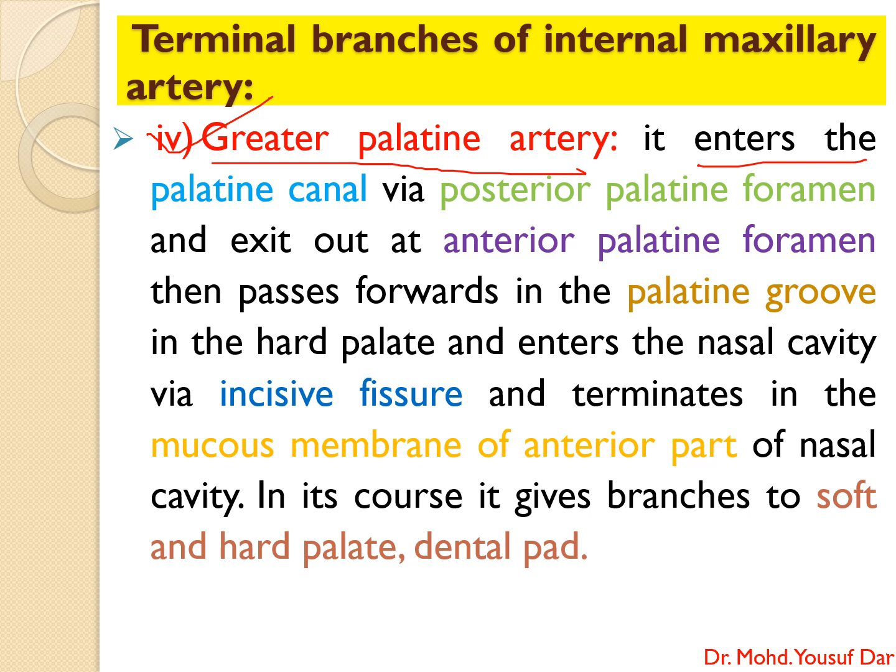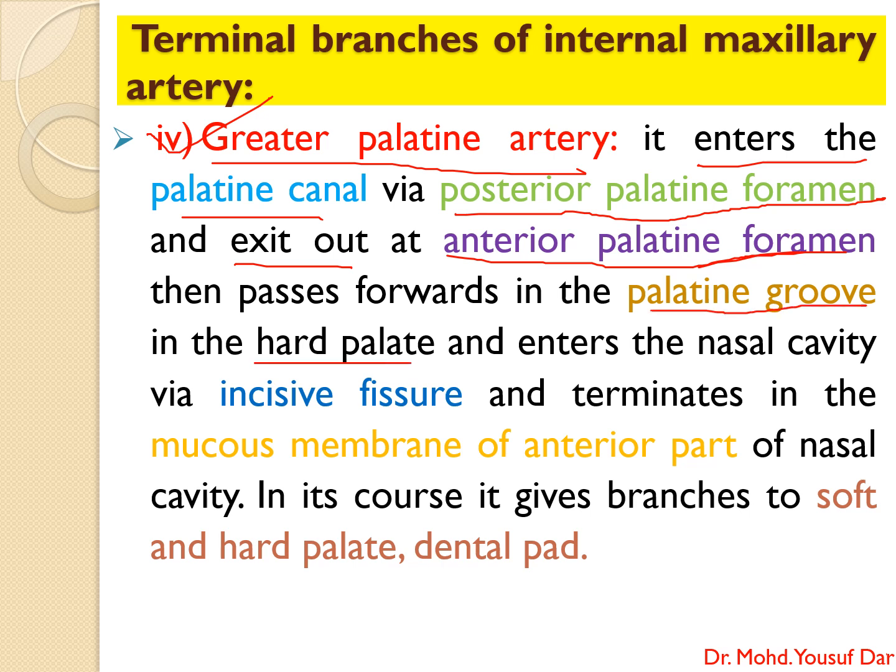The greater palatine artery enters the palatine canal through a foramen, that is the posterior palatine foramen of the maxillary hiatus. Then it comes out at the anterior palatine foramen. When it comes out from the anterior palatine foramen, this artery passes forwards in a groove known as the palatine groove of the hard palate. And finally, it enters the nasal cavity through the incisive fissure.